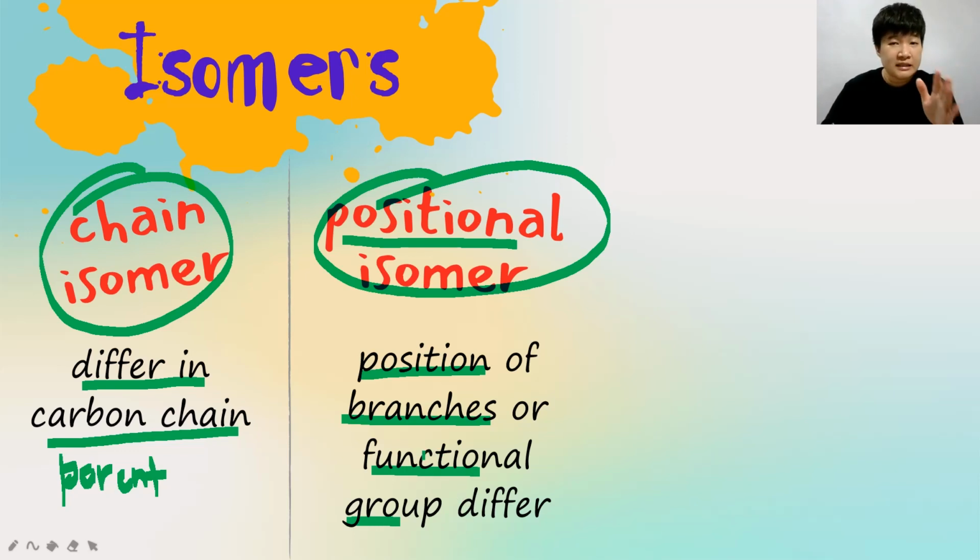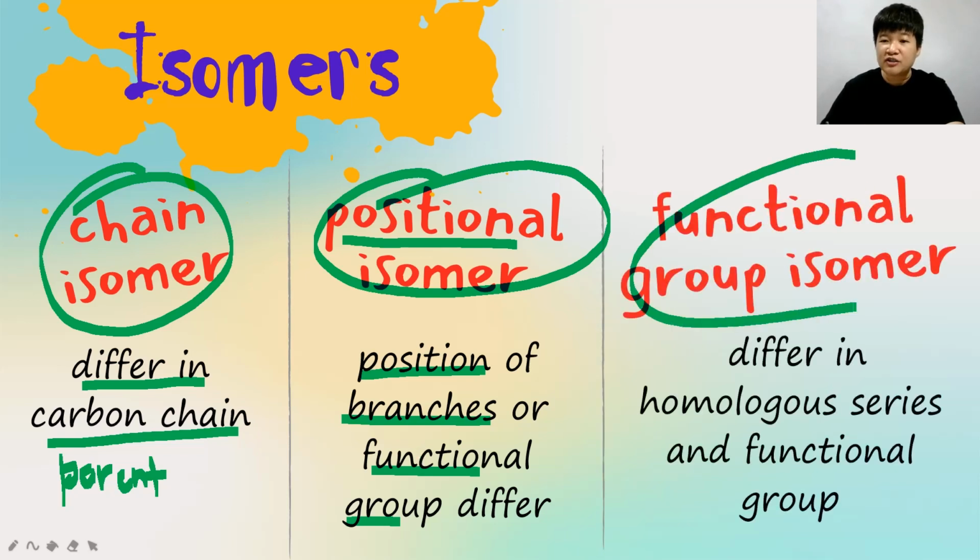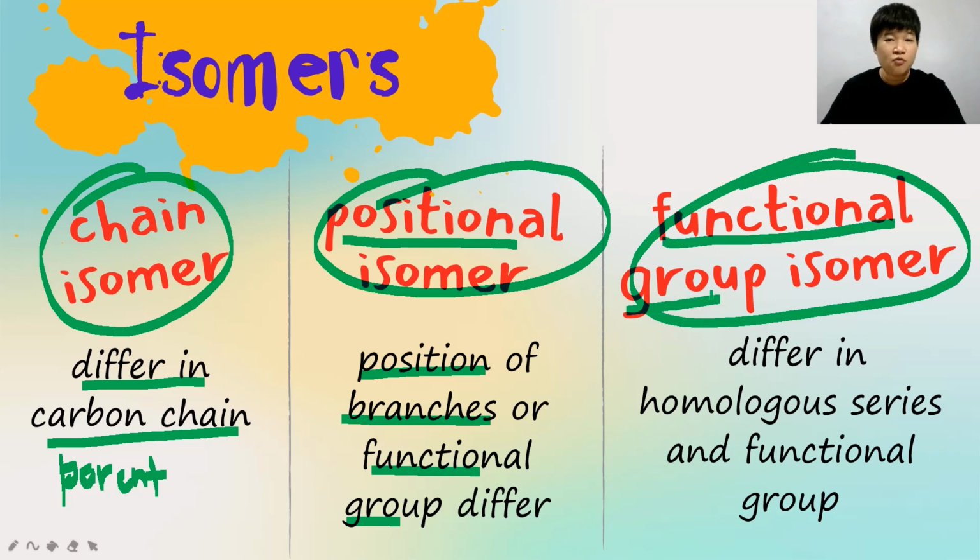Don't worry, we'll learn in detail for each and every one of them. And last but not least, we have functional group isomer. What are they going to differ in? Only one thing. They are going to have a different homologous series, or a different functional group. We are going to look into detail each and every one of them.